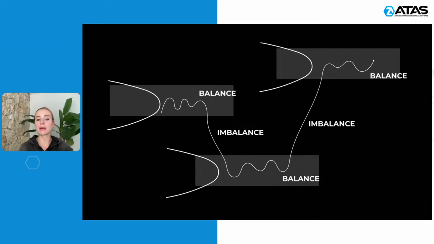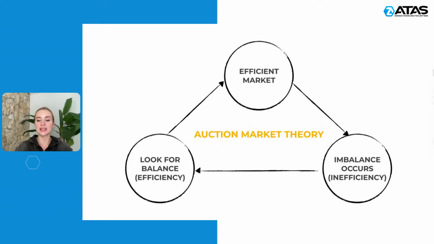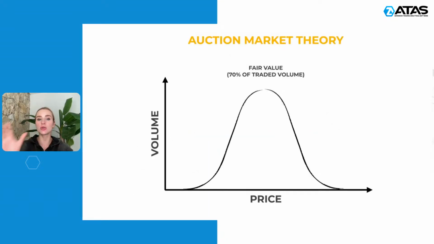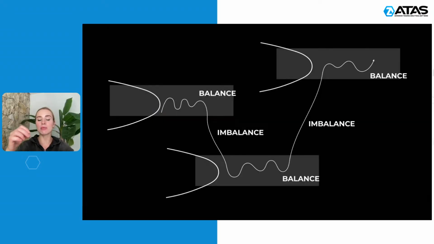But if you apply the volume profile, instead of having just a theory of fair value, you will practically be able to see and recognize the fair value in the Atas platform, applying the market profile and TPO indicator, which will automatically draw the volume profile or market profile for you on the period of time that you select.